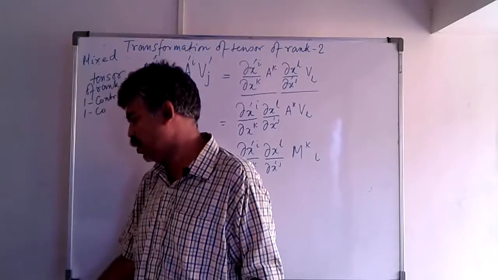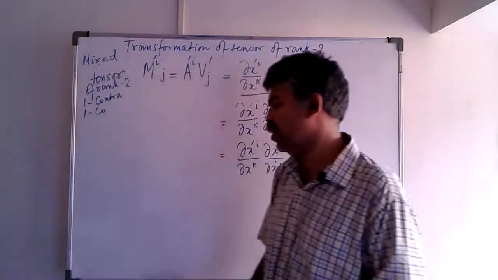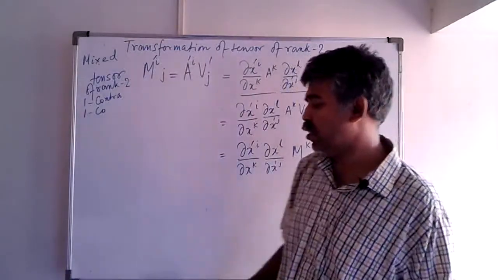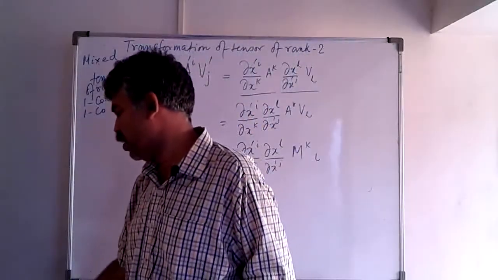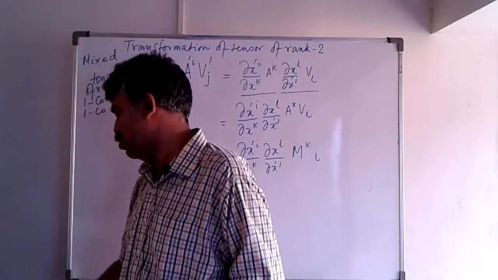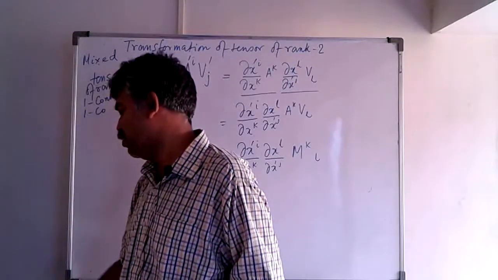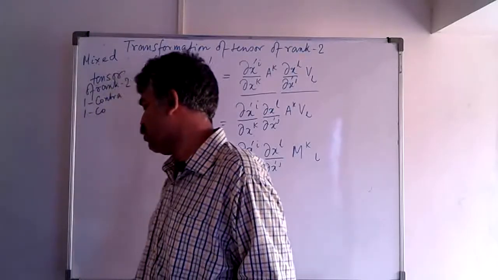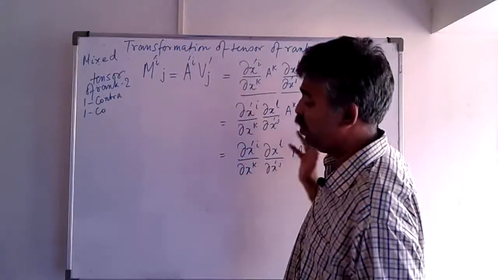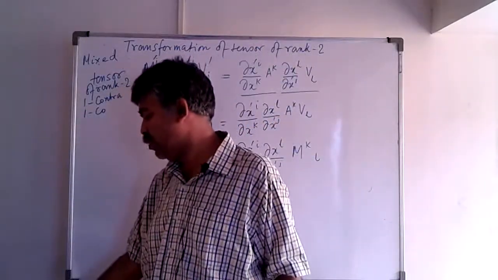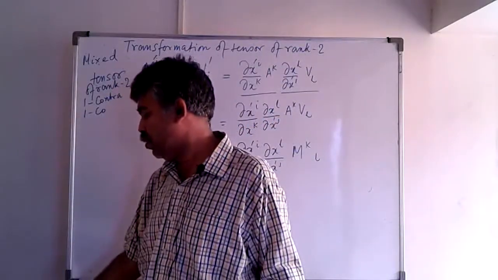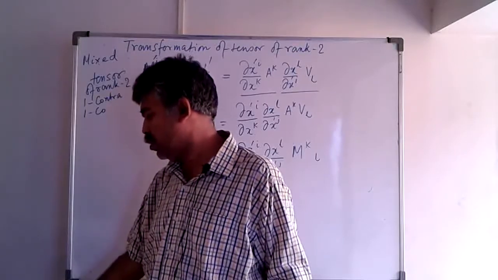I'll do a few things in general. Let me write a general thing. I think you will be able to write it. I'm not going into rank 3, rank 4, rank 5. It's very similar. You write it as a product of matrix vectors in the dyadic form and then you write it.